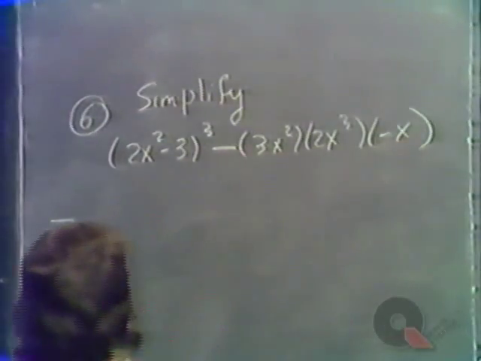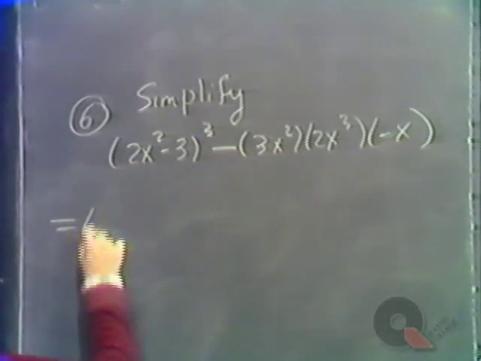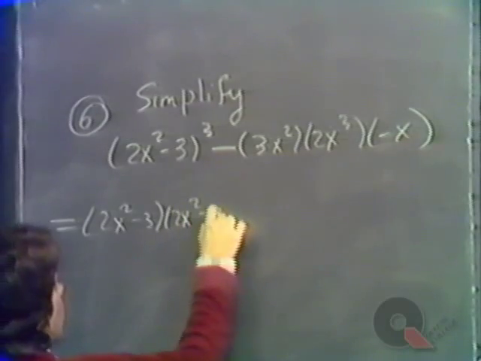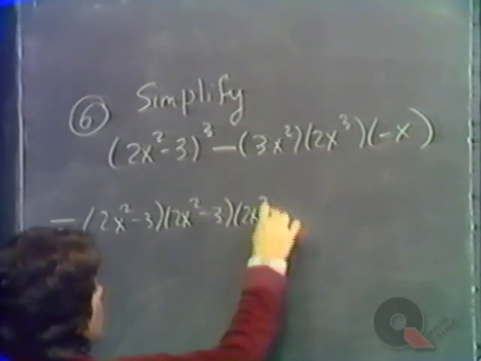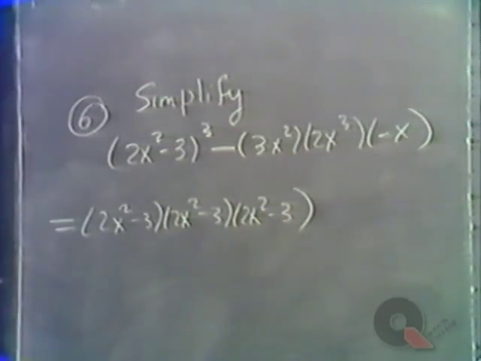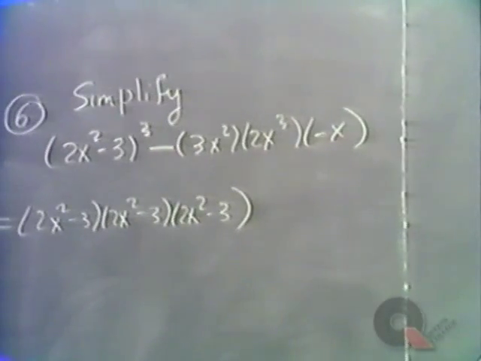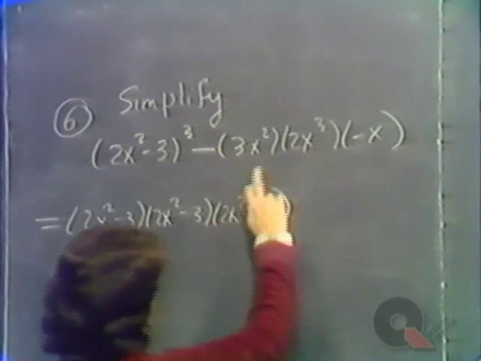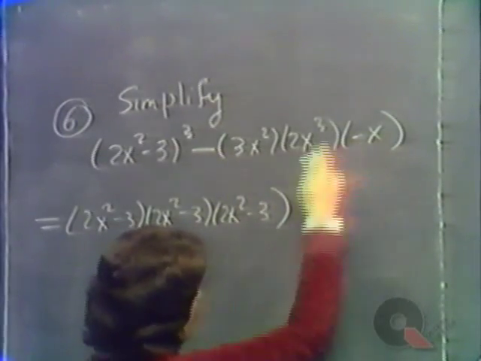Now, this 2x squared minus 3 cubed means 2x squared minus 3 times itself 3 times. It's a factor 3 times. Now, over here, what do we have? We have this times this times this.